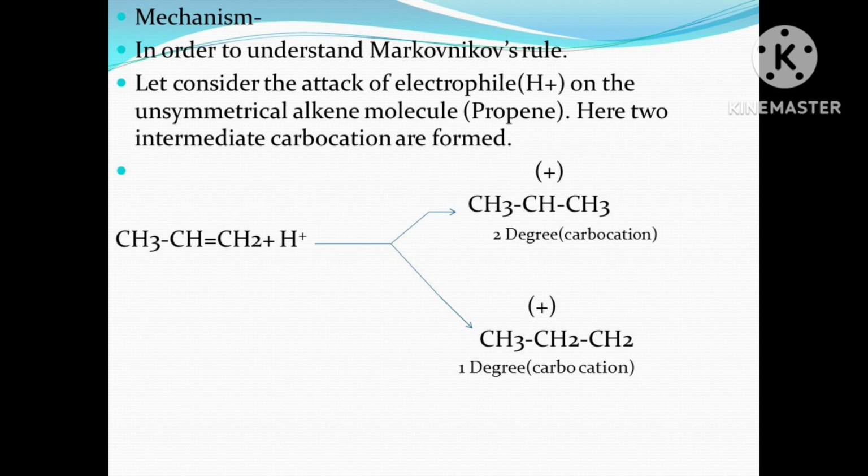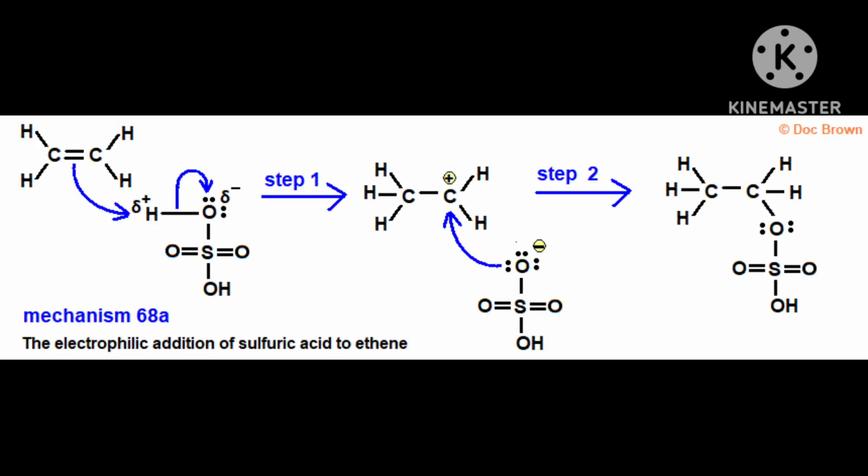In the Markovnikov rule, that one was the weak, unstable one. Now the reverse case is here: 1-bromopropane is the major product in this reaction.